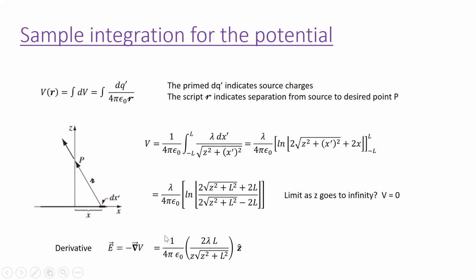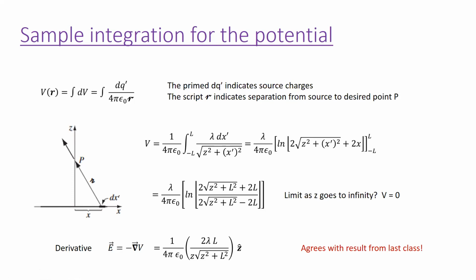We get this expression here, 1 over 4 pi epsilon naught, 2 lambda L over z times the square root of z squared plus L squared, okay? And if you look back at the last lecture, that is in fact what we found for the electric field, the vertical component at this point P. So this agrees with the result from the last class.